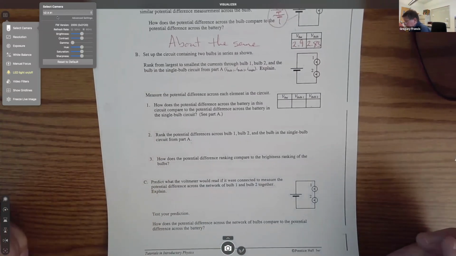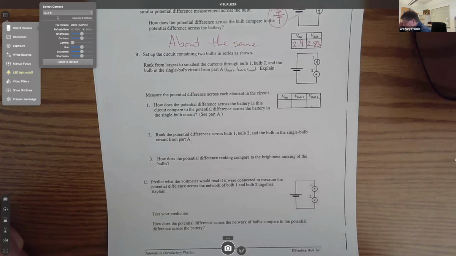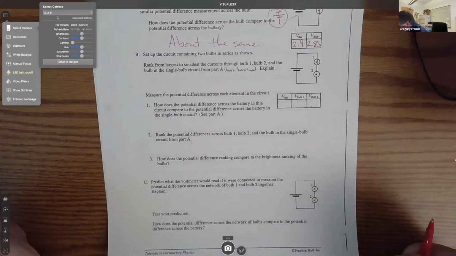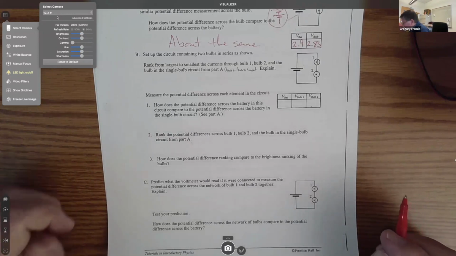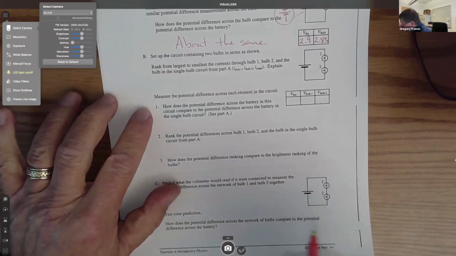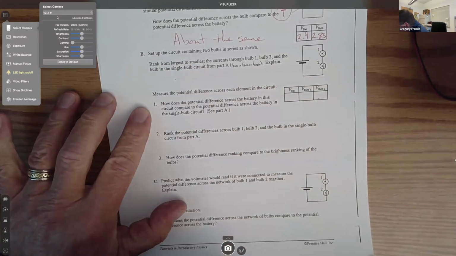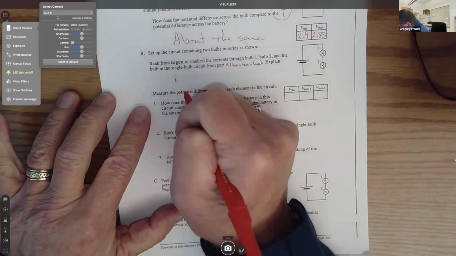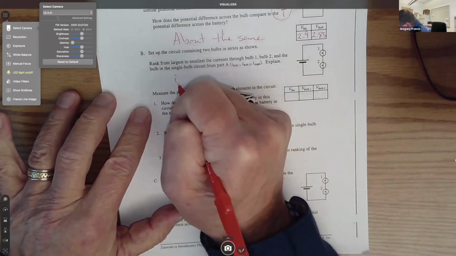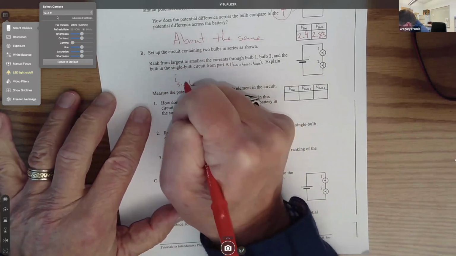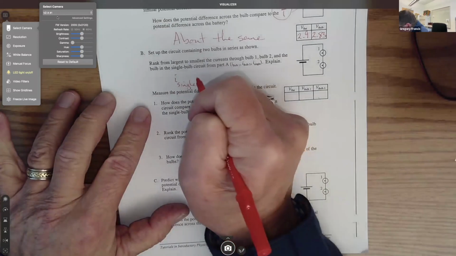Okay. Now we're asked to set up the circuit containing two bulbs in series as shown and rank from largest to smallest the current through bulb 1, bulb 2, and the bulb in the single bulb circuit from part A. Well, the single bulb circuit was the brightest, so it must have the most flow going through it.